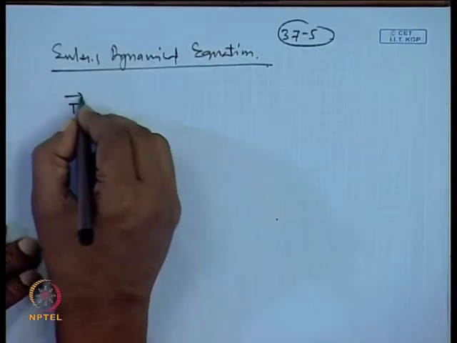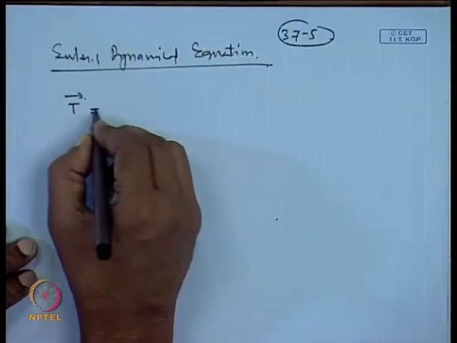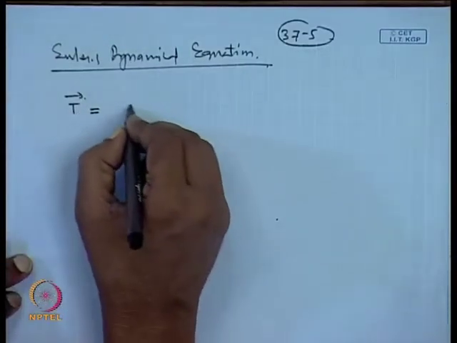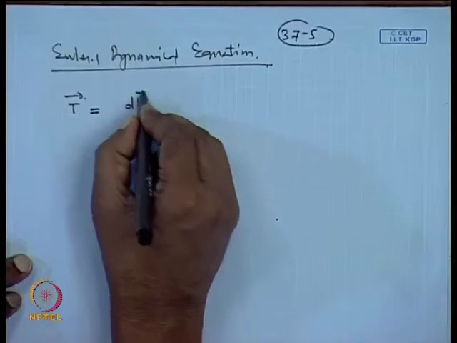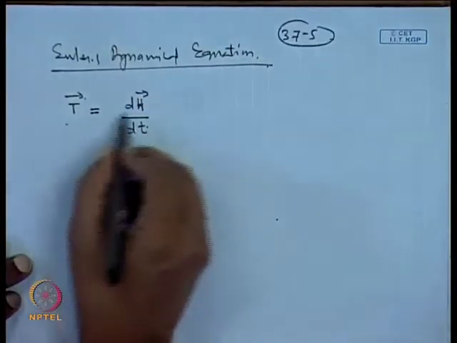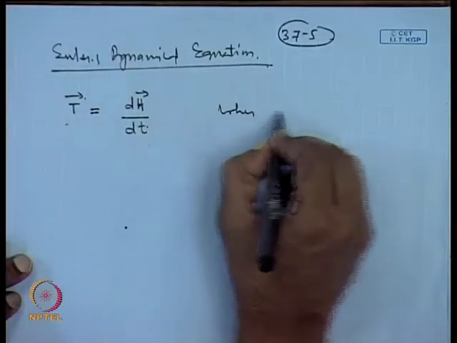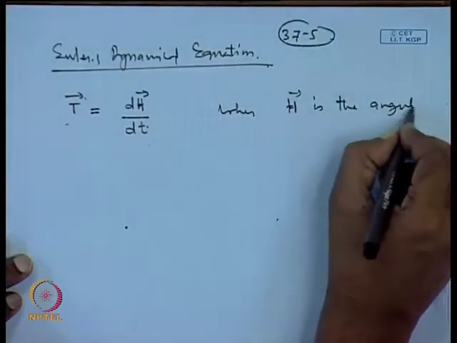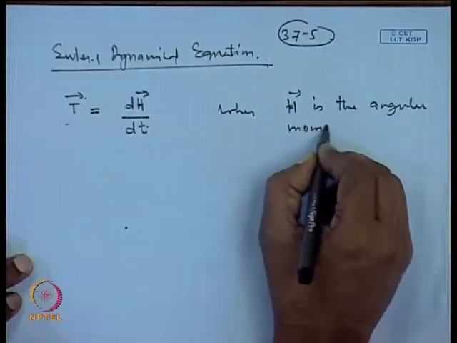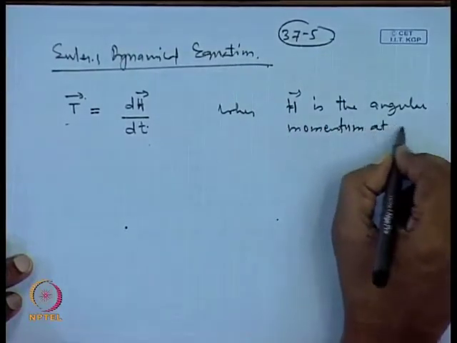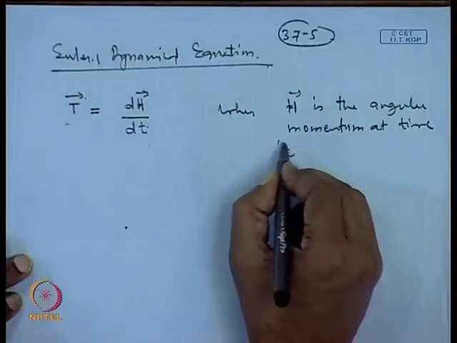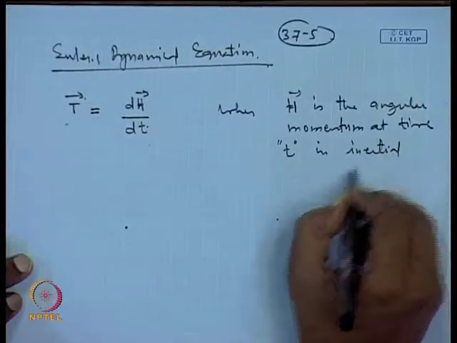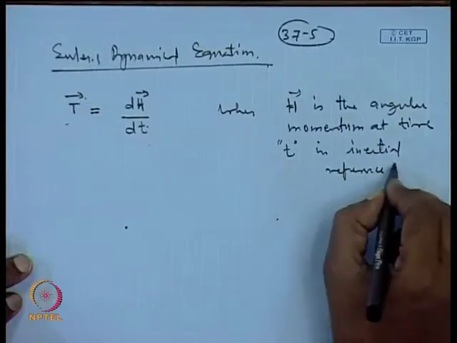So, we know from our elementary physics that if torque T is applied on a rigid body, then torque is equal to d h by dt, where h is the angular momentum at time t in inertial reference frame.